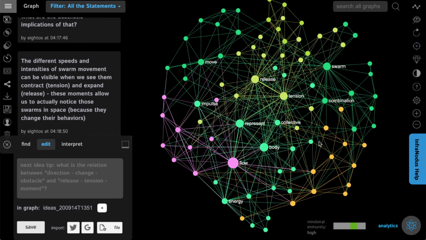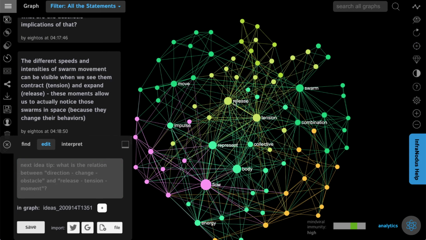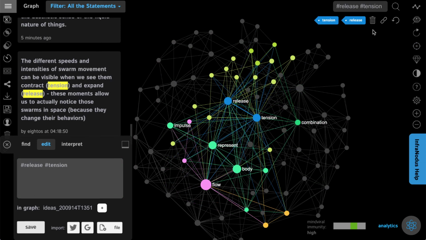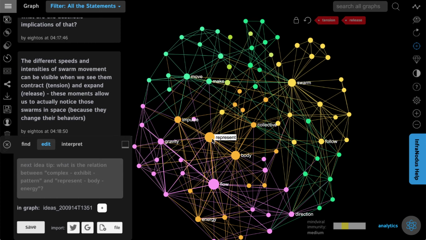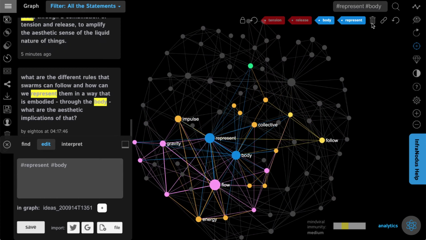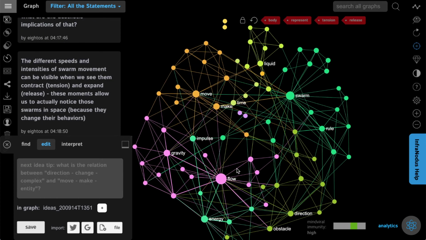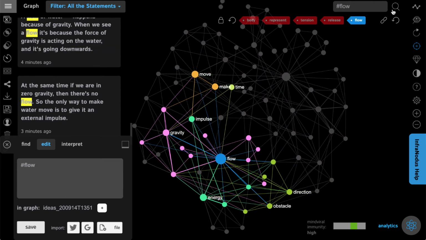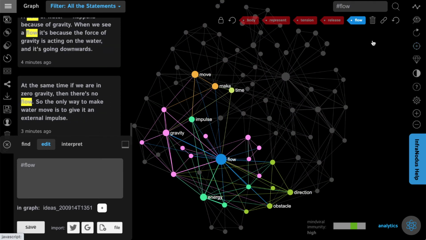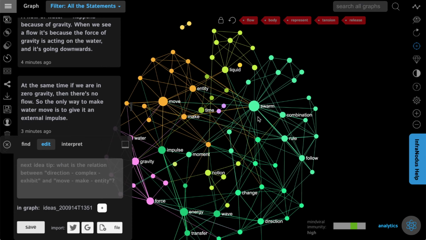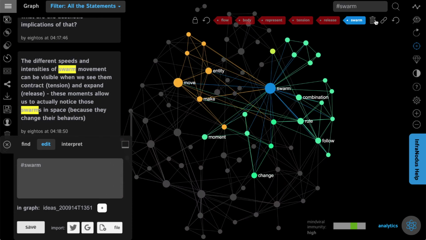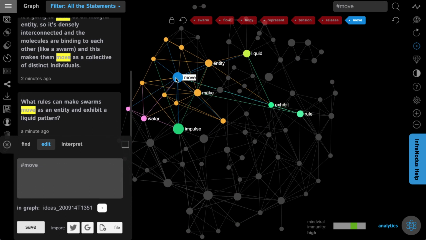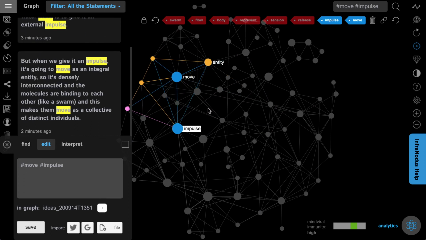And then at this point, what can also be nice to do is to delete some nodes. Let's say get rid of tension, release, represent, body. We know that we're talking about tension, release, body representation, flow, and then see what's hiding behind them. So we already talked about the swarm quite a lot, moving entities, impulse.